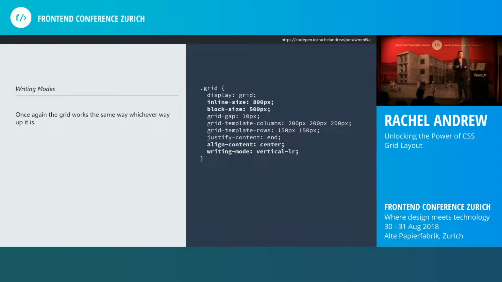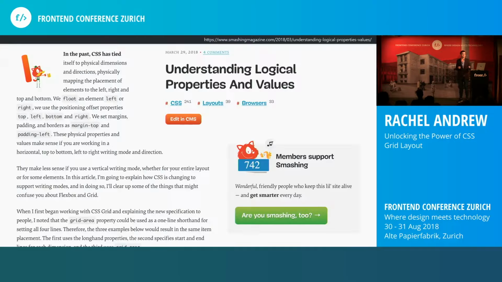I don't have time in this talk to go into those, but I did write a long post on Smashing Magazine, which has a whole load of little examples which work in Firefox. Firefox is the only browser to have implemented all of these at the moment. You can play with the CodePens and see how all these logical properties and values work. It takes a little bit to get your head around, but once you have, you find it very hard to think in the physical way. At this point, I'd much rather be working with logical properties.